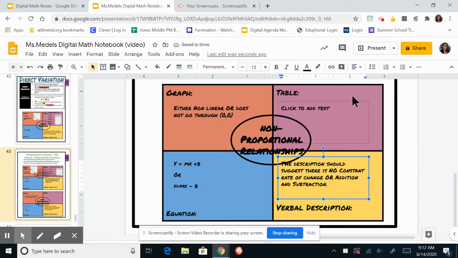Okay, so they can say that there is no constant rate of change, or they can say that you're adding or subtracting. If you are adding or subtracting, that is a non-proportional relationship.